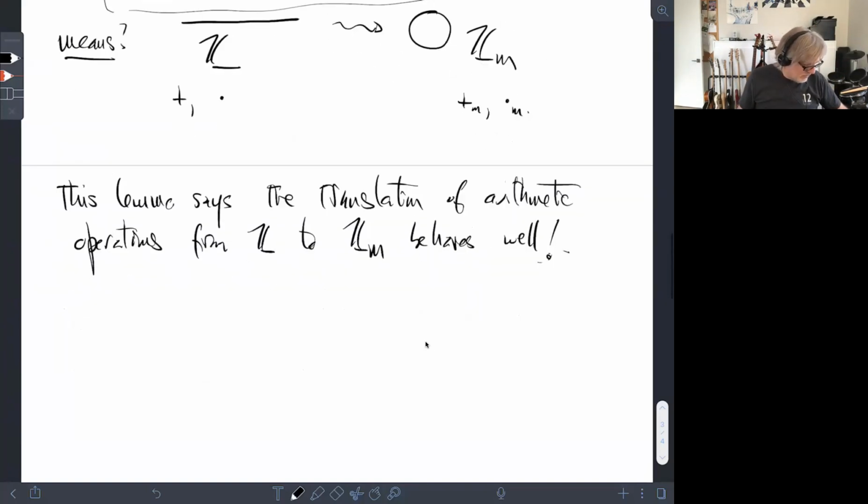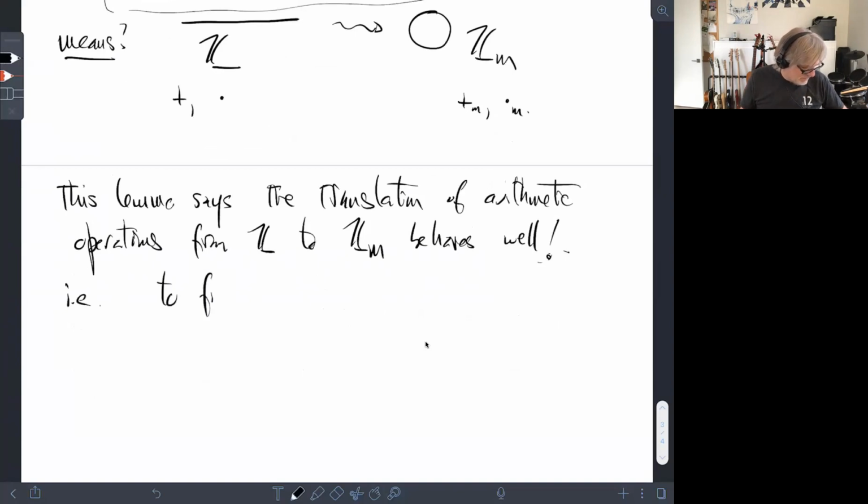So in other words, let's view it in a computational kind of way. That might be easier to understand.